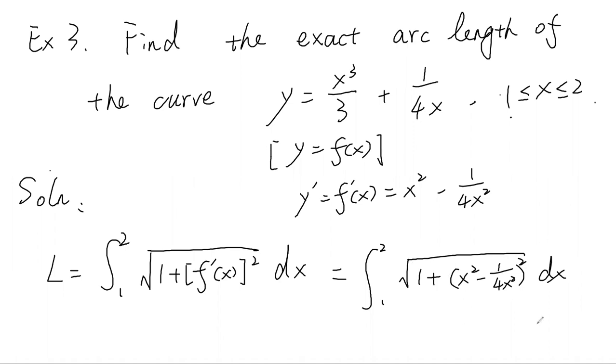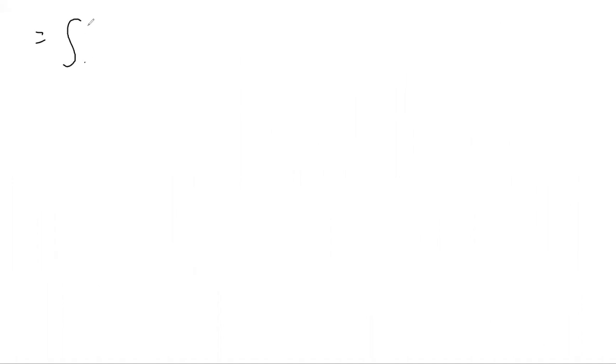And so at first glance, there's no easy way to do this. So we can try to simplify the expression inside the square root. First we need to simplify the squared part.